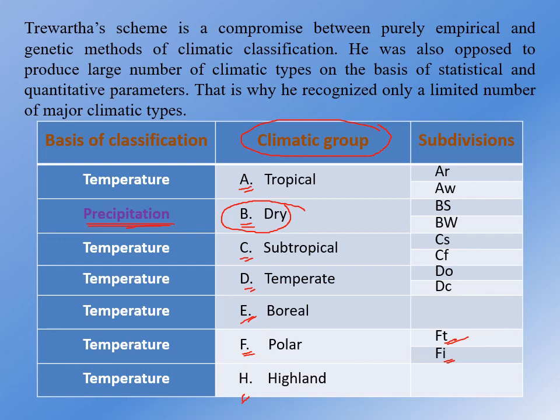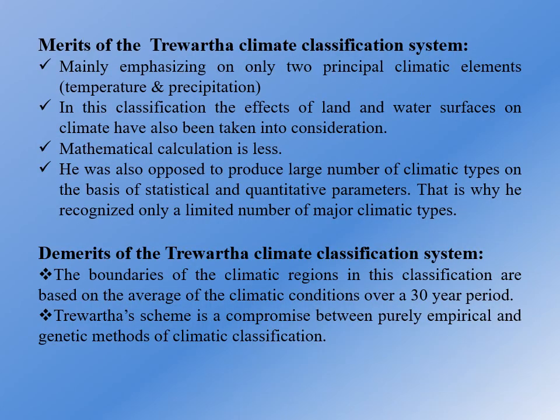Now, if we look at the merits and demerits of Trewartha's classification, it mainly emphasizes two principal climatic elements, that is temperature and precipitation. So it becomes very simple to observe or get the results of these two factors.